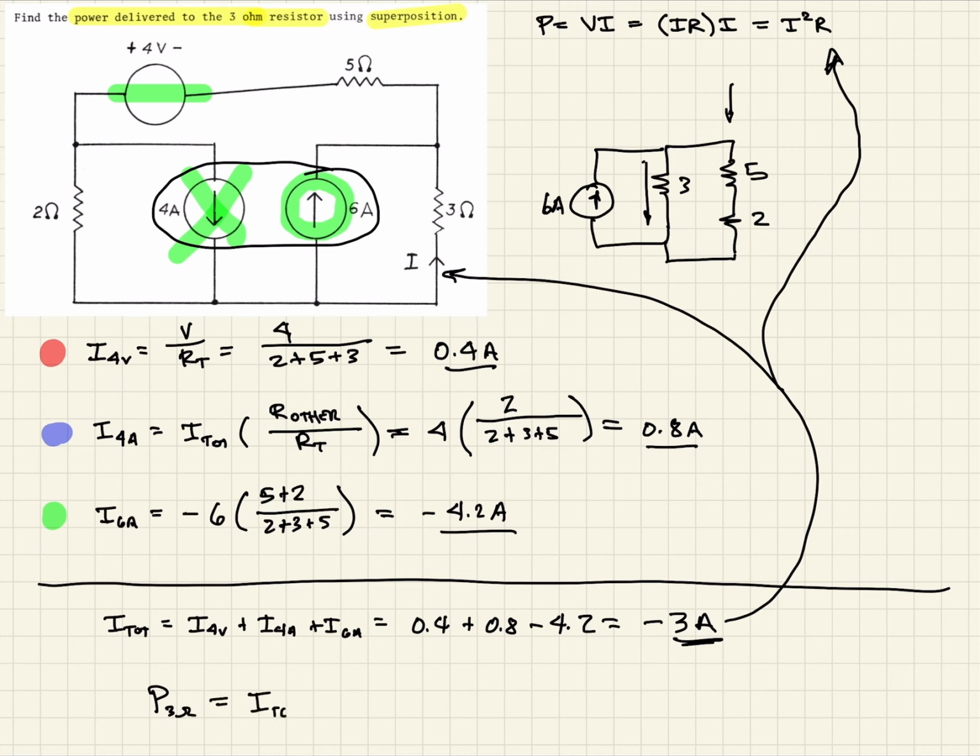In this case, that's minus 3 squared, and then the resistor is a 3 ohm resistor, so that's the 3. When we calculate that out, we get 27 watts. So this is the power delivered to the 3 ohm resistor calculated using superposition.